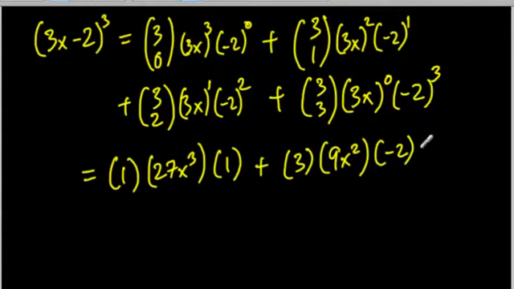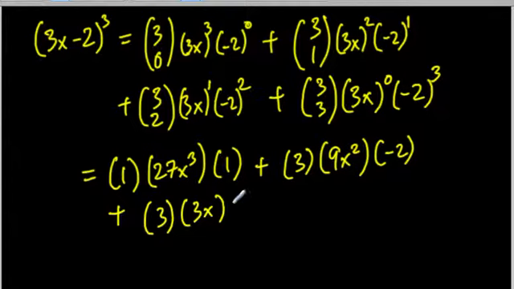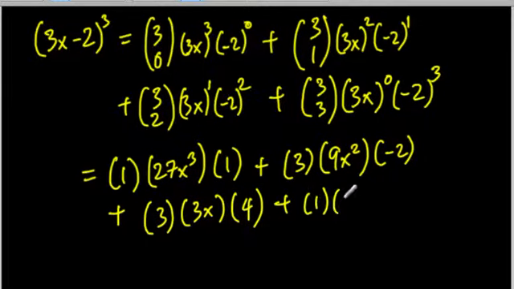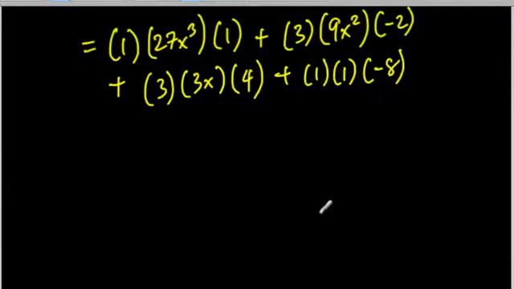Negative 2 is negative 2, plus 3 choose 2 is 3, 3x is 3x, negative 2 squared is 4, and the last one is 1, anything to the power of 0 is also 1, and negative 2 cubed is negative 8.